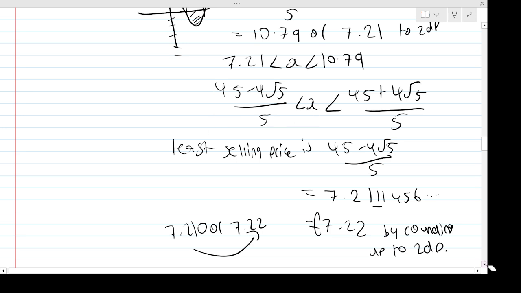Because the absolute minimum value can be is this decimal here, 7.21114. But 7.210 falls less than this number, so it's going to fall outside of the range. So we need to round it up to 7.22 instead. So that should be the answer there. Okay, cool.